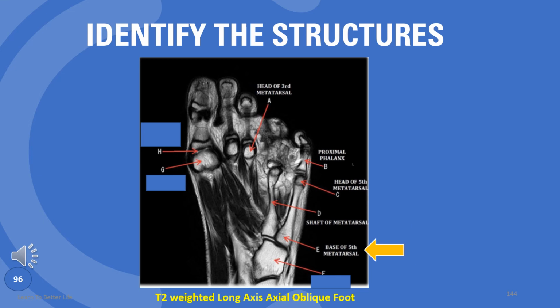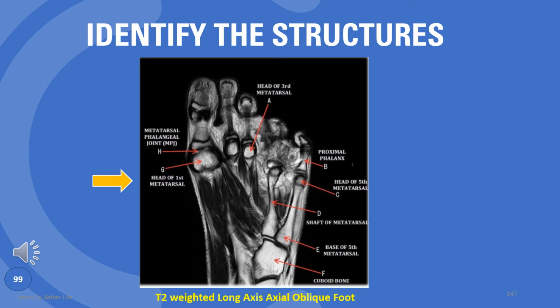E, base of the fifth metatarsal. F, cuboid bone. High yield. Must know. H is metatarsal phalangeal joint, MPJ. G is head of the first metatarsal. This is the T2 weighted, long axis taken in the axial oblique plane of the foot.